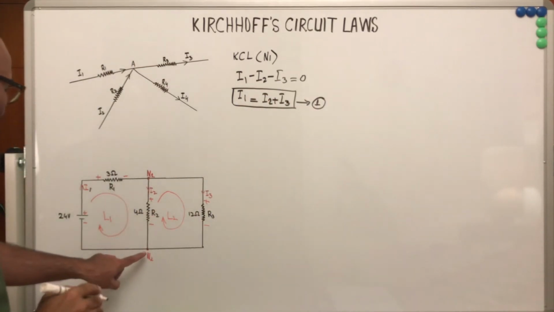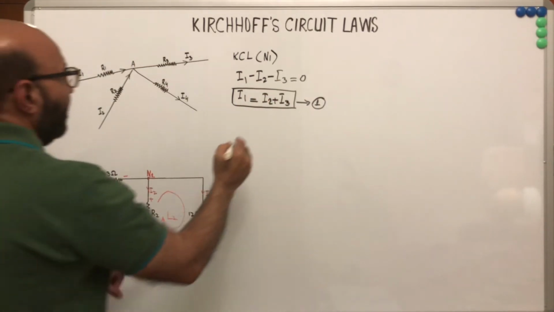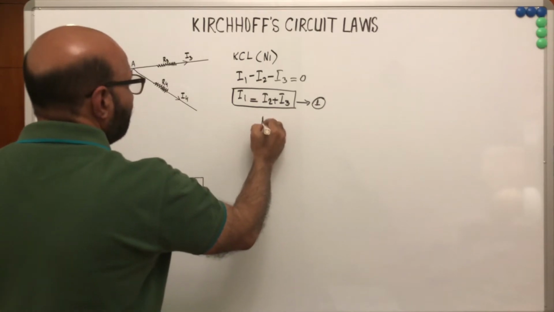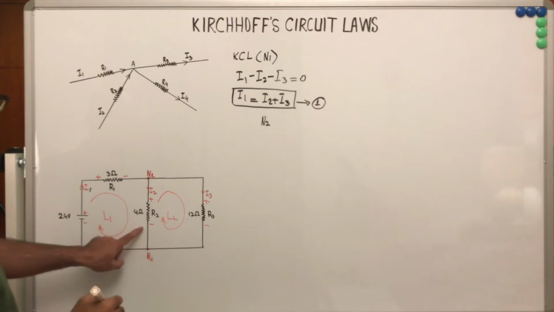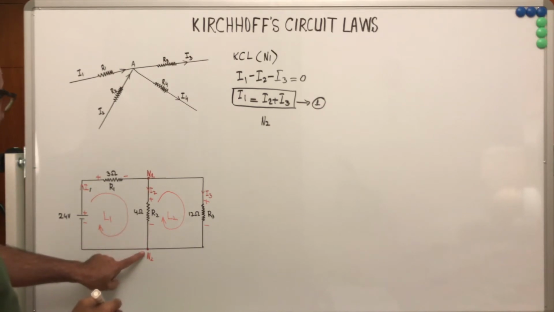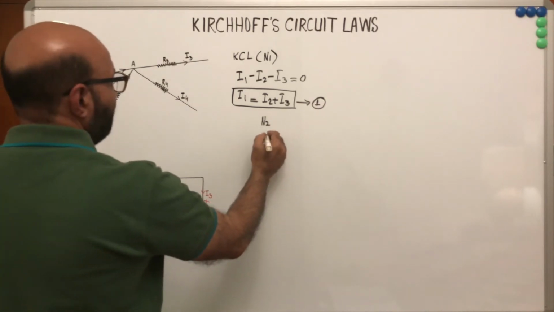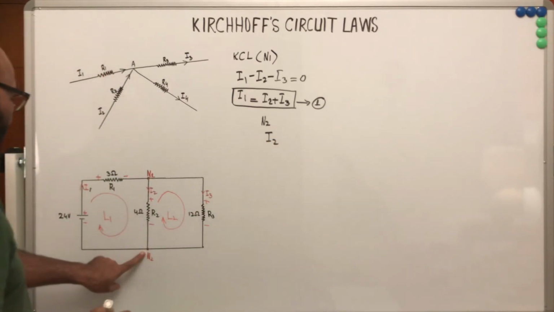Now apply KCL at N2. Here I2 is coming towards the node N2.